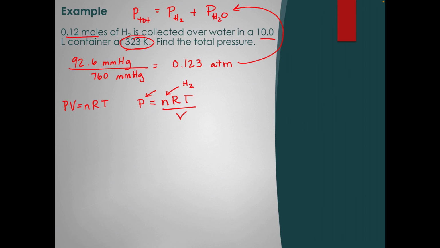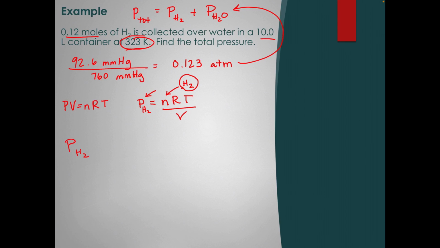It's very important in these types of problems that you know whether you're trying to find the total pressure or the pressure due to an individual gas, that partial pressure. If we're trying to find the total pressure, use the total number of moles. If we're trying to find a partial pressure, only use the number of moles of that gas. So here, since we're using our moles of hydrogen, this will give us the partial pressure of hydrogen.